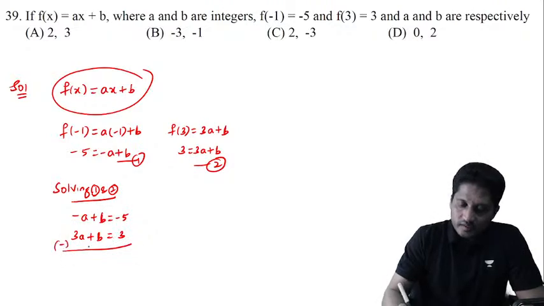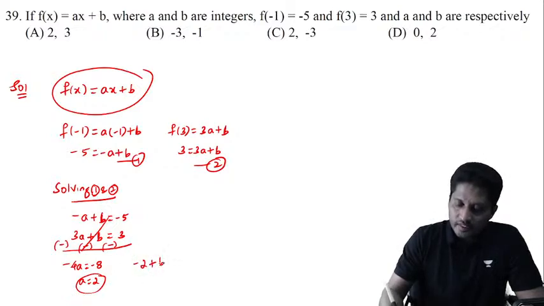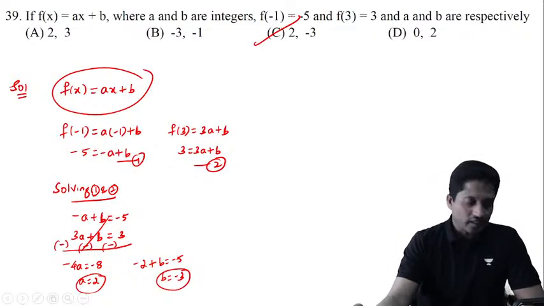Subtracting, b will cancel. Minus 4a is equal to minus 8, a is equal to 2. So minus 2 plus b is equal to minus 5, b is equal to minus 3. A is equal to 2, b is equal to minus 3. Answer is option C.